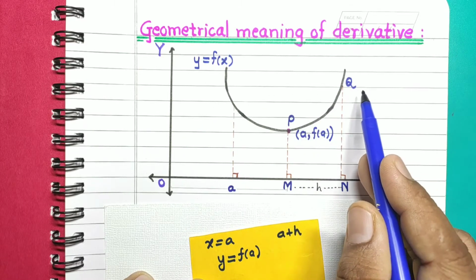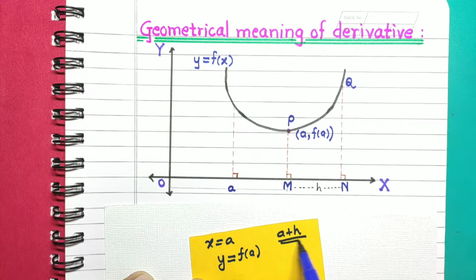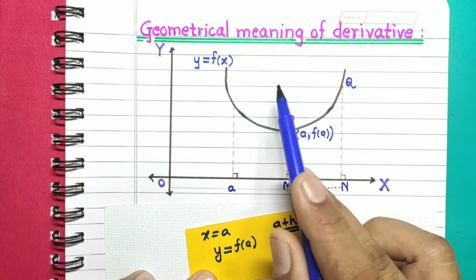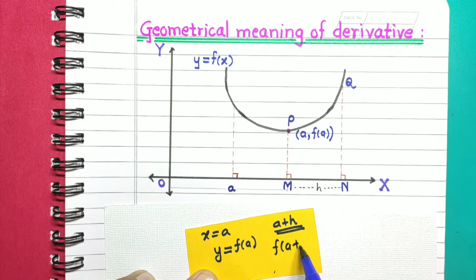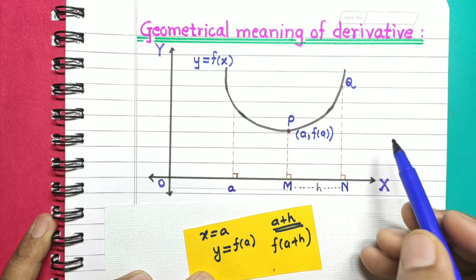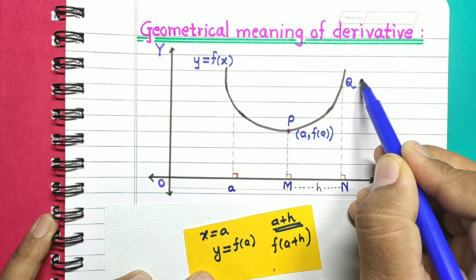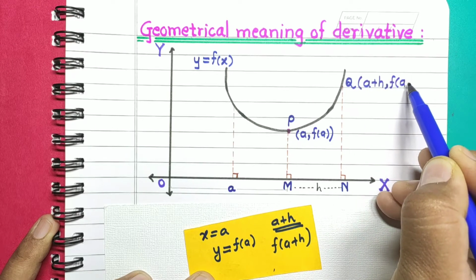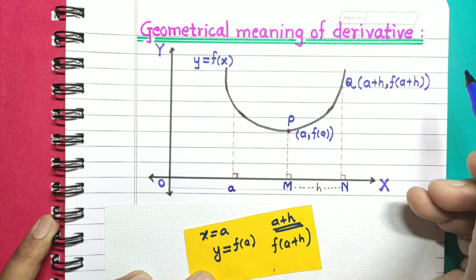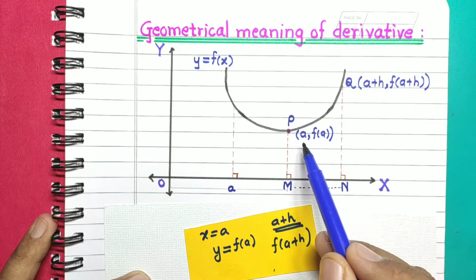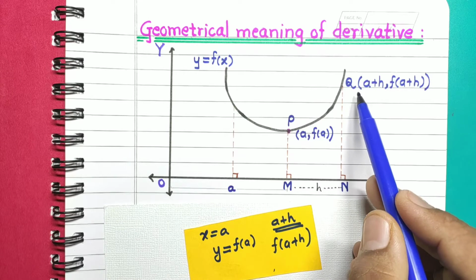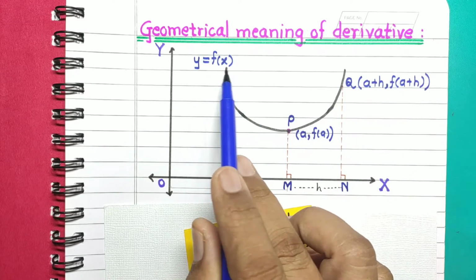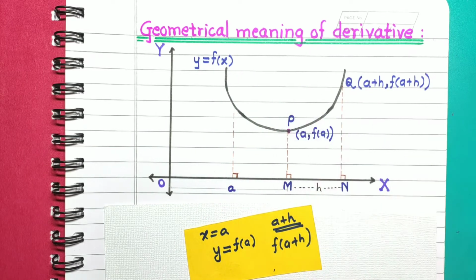So x coordinate of point Q is a plus h, and therefore y coordinate of point Q is f of a plus h, and therefore we have coordinates of Q are a plus h comma f of a plus h. So we have 2 points P a comma f of a and Q a plus h comma f of a plus h on the curve y is equal to f of x.